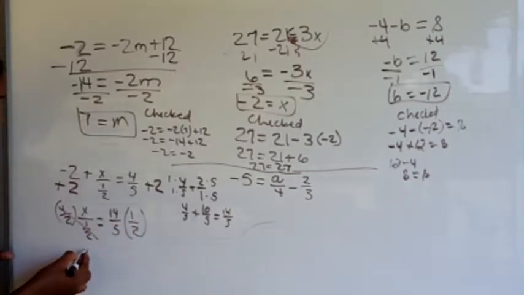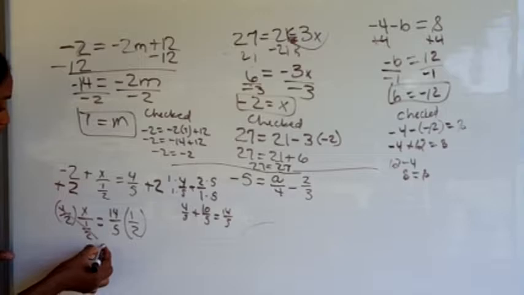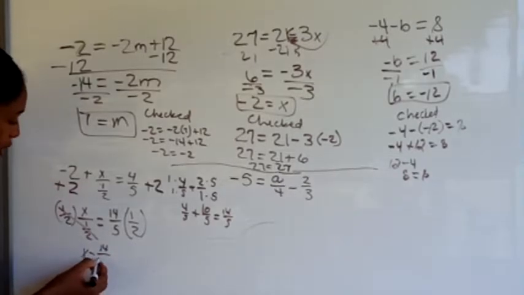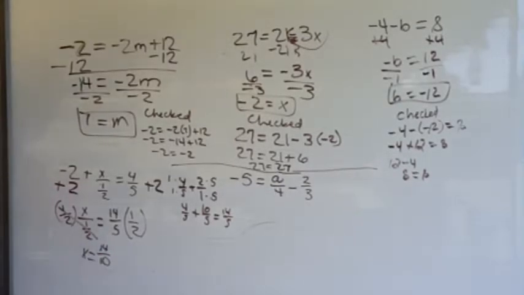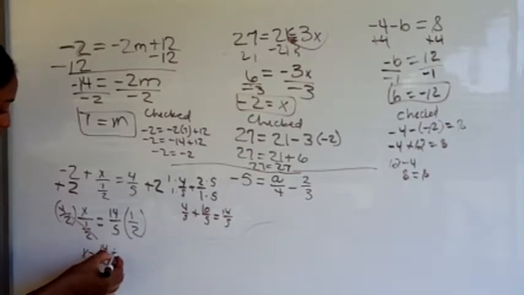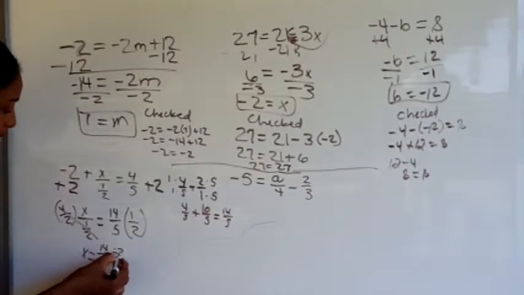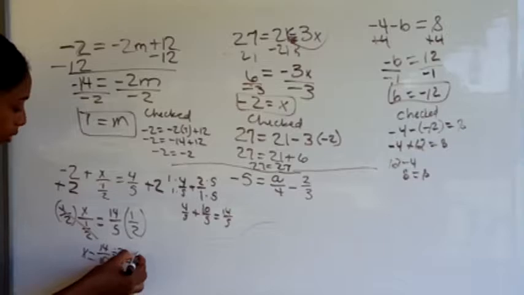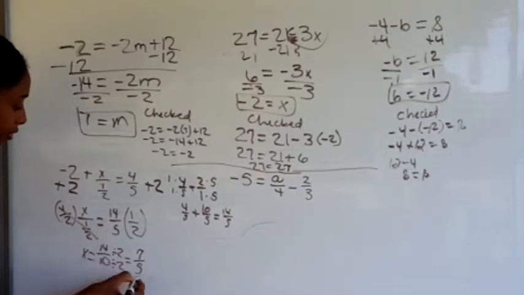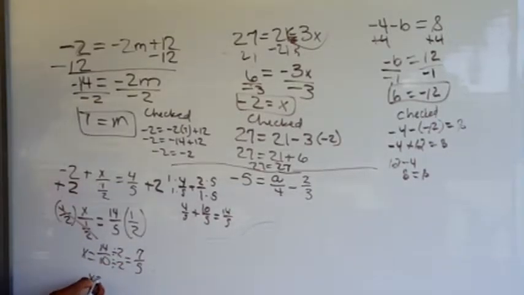And just multiply across, so x equals 14 over 10, which reduces by 2 to be 7 over 5. So x equals 7 over 5.